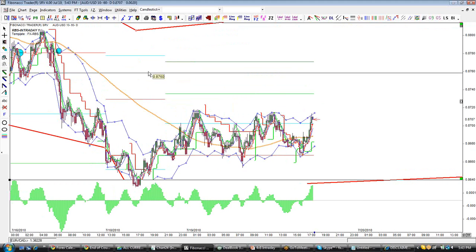I know I might have thrown you all off with this setup here. It's completely different from what we talked about, but this is the opportunity for the evening. So this is what I will be watching: the Aussie JPY and the Aussie dollar.